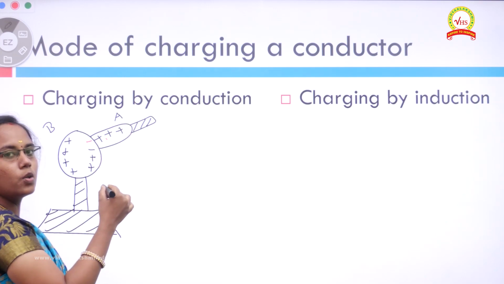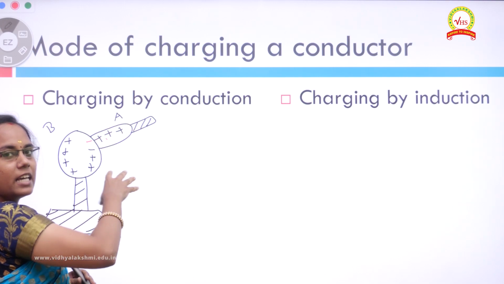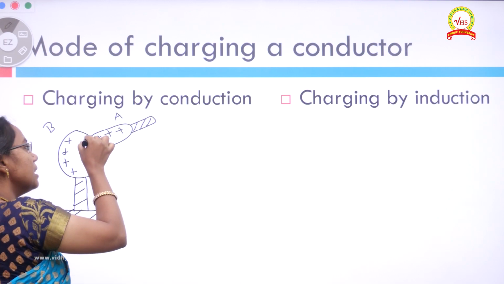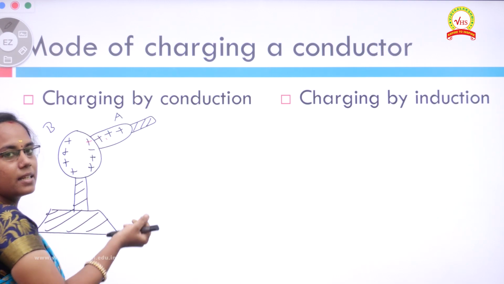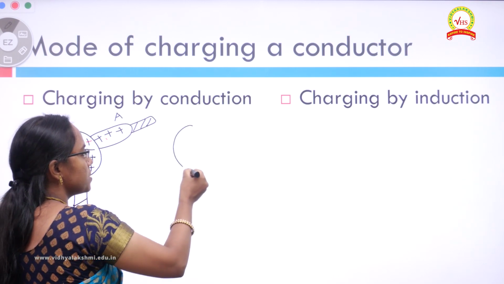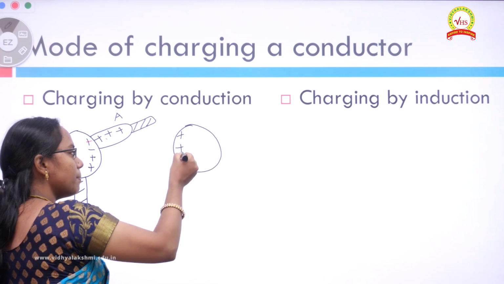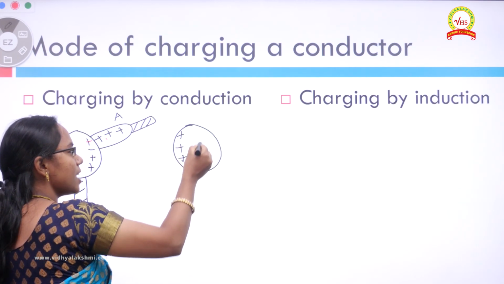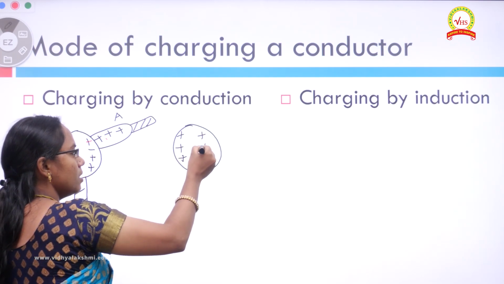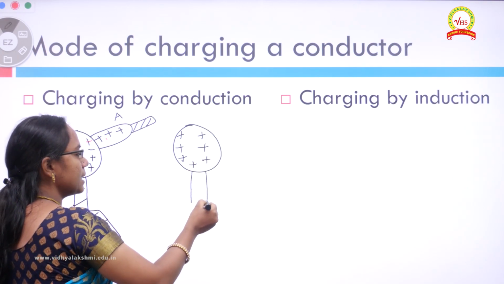This process continues until all the voids in conductor A are filled. Finally, object B will have been transformed into a completely positively charged object. So this is the method of charging an object by conduction.